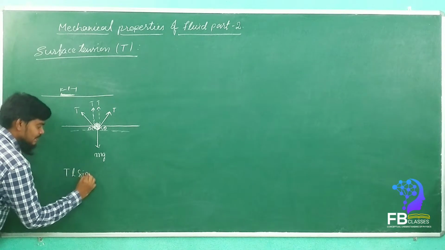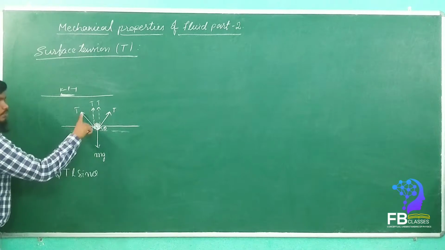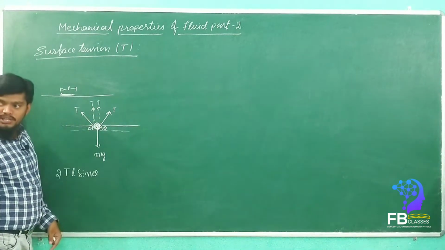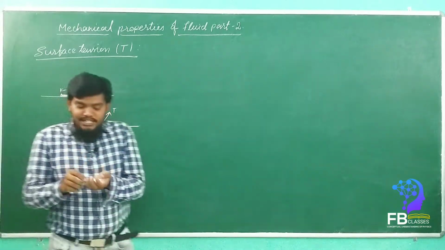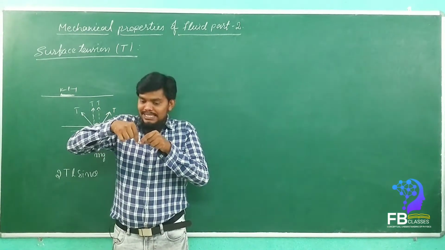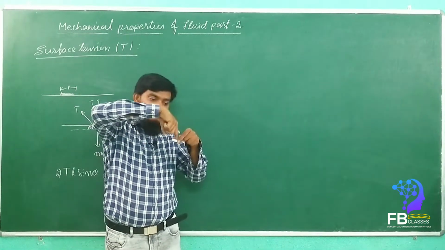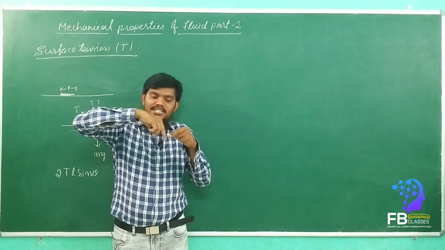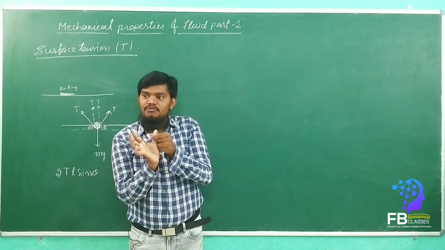TL sin theta. How many TLs? Two components will add to each other. Yes or no? Two sides of the components. If you take a needle, here total T will act, and on this side also total T will act. So on both sides of the needle, tension will act.